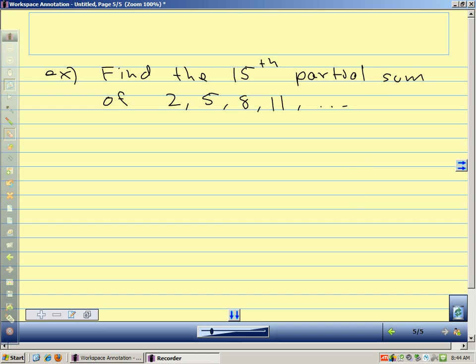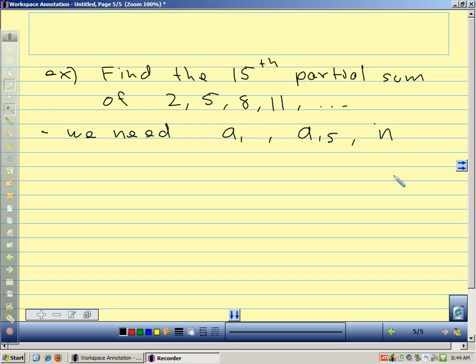So to find my sum, I need to find several things. To use my formula, we need a sub 1, a sub 15, and we need n.